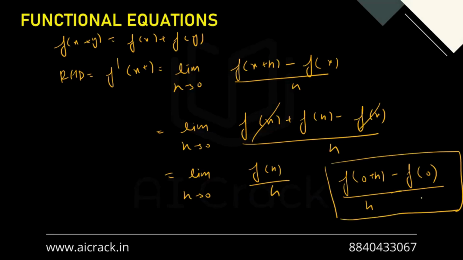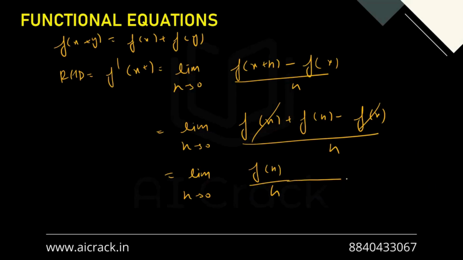F dash 0 plus would be the same as f dash 0 because the function is differentiable. So f dash 0 plus would be the same as f dash 0, and f dash 0 would be a constant number, and I will be able to integrate this one. I'll be able to integrate this when we have a constant number or some kind of output over here, based on the standard limit, right? So this is the basic idea.